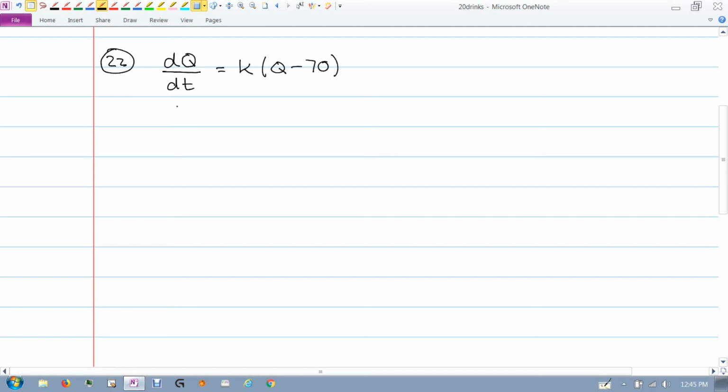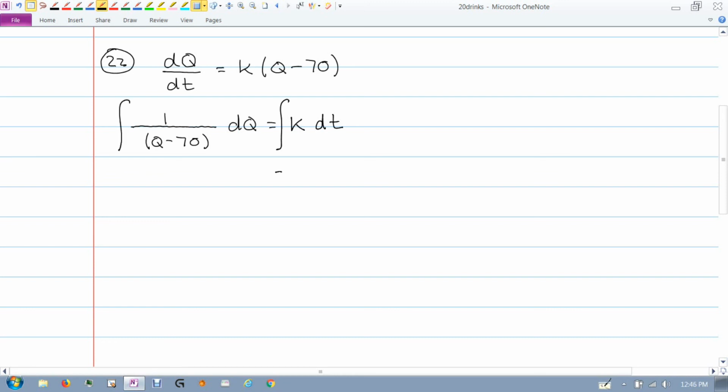Let's go ahead and multiply both sides by dt, and let's divide both sides by Q minus 70. So that's what I get on the left. On the right hand side, let's leave the k over there, k dt. And now I should be able to integrate.